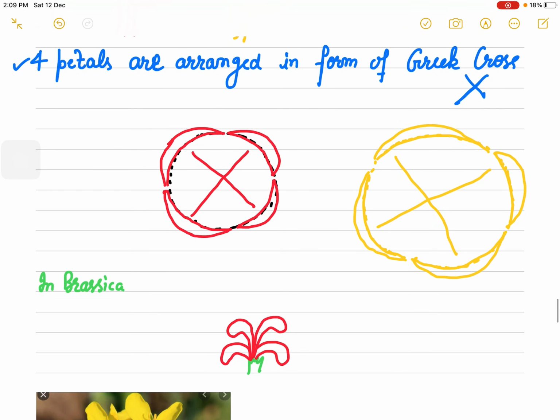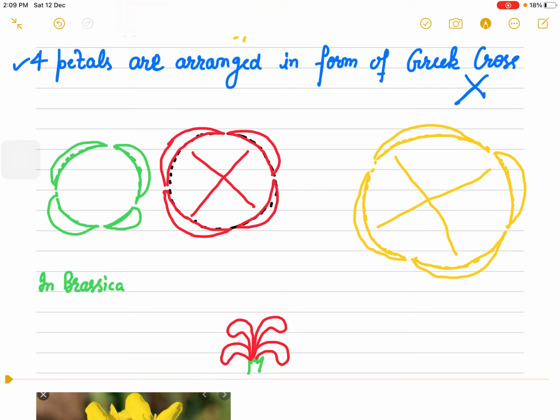Whenever you have to draw them, always remember that the arrangement should be like a cross. As you can see, I am drawing here, and one side has become a little shorter. So this is 1, this is 2, this is 3, this is 4.